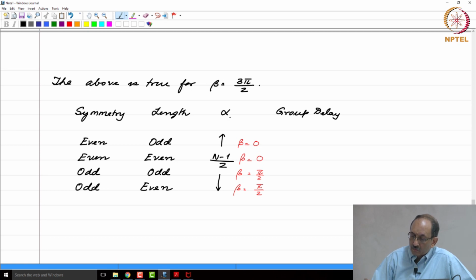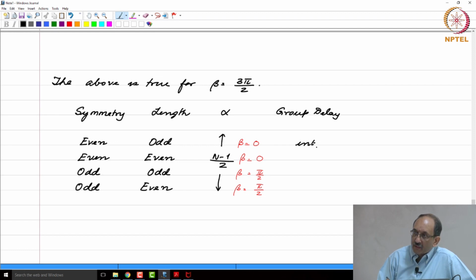And remember, the group delay also is alpha, because the phase response has the form minus alpha omega plus beta in general, and negative derivative with respect to omega of the linear phase gives you alpha, which is n minus 1 by 2. The important point here is now, if length were odd, that is n were odd, then n minus 1 by 2 is an integer. Therefore, group delay is an integer.